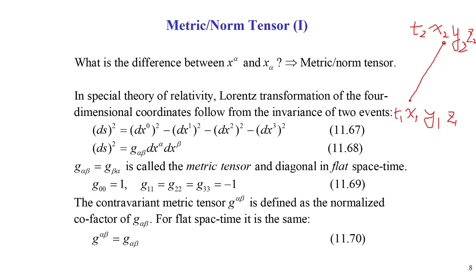T1, X1, Y1, Z1 is the first event. Second event, T2, X2, Y2, Z2.